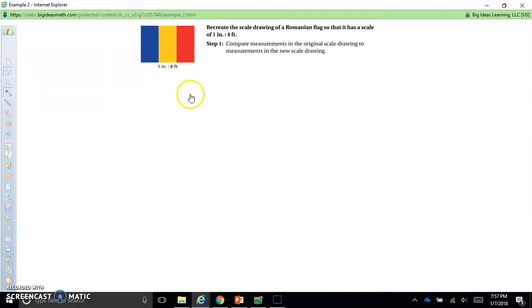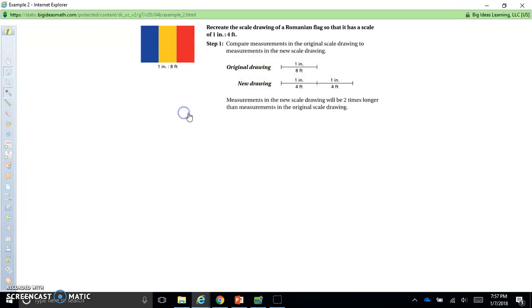The first thing we need to do is compare measurements of the original scale right here to the measurements of the new scale right here. When we compare them, we are doubling. So now the measurements will be 2 times bigger, because 4 times 2 is 8.